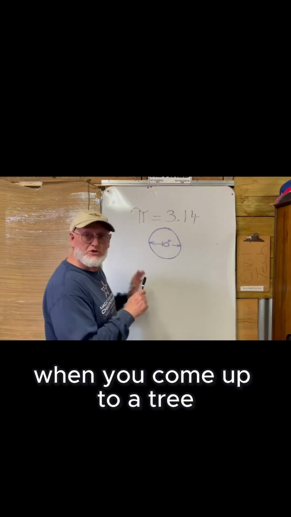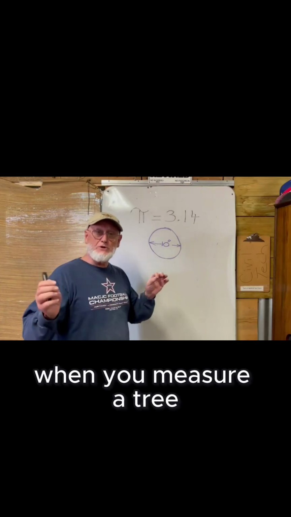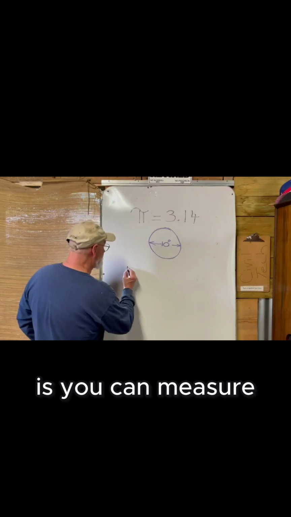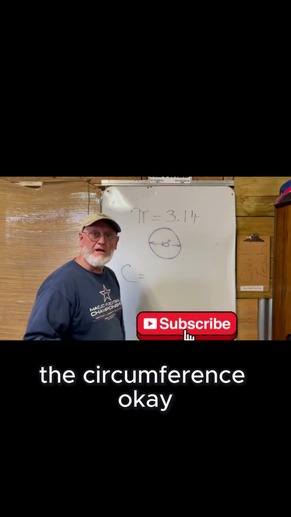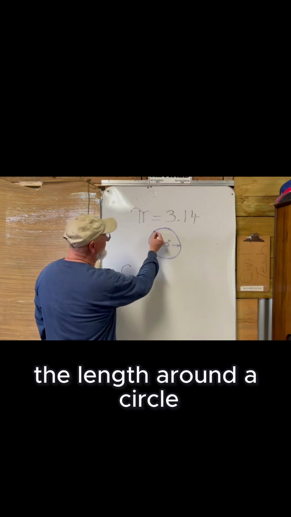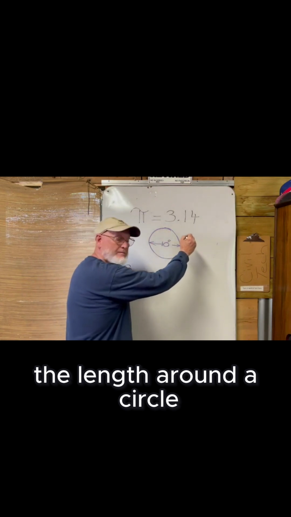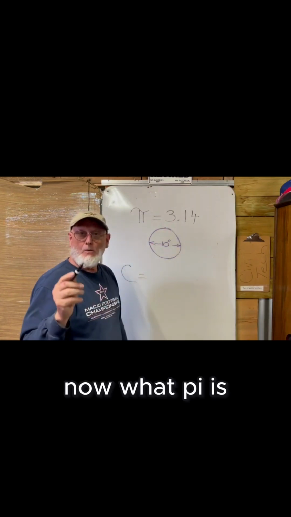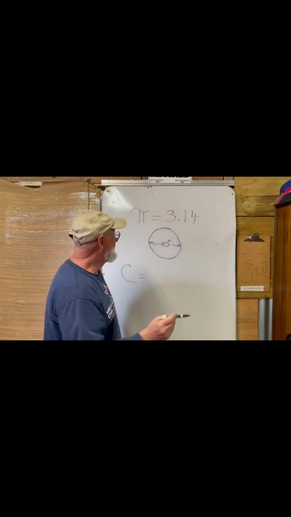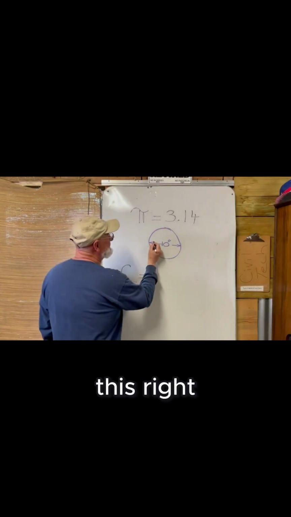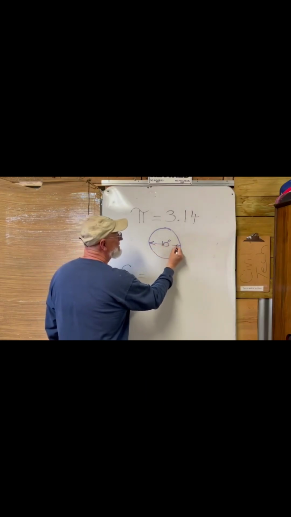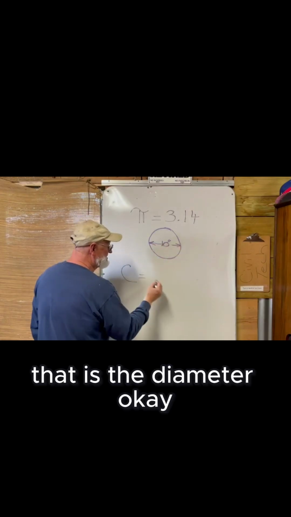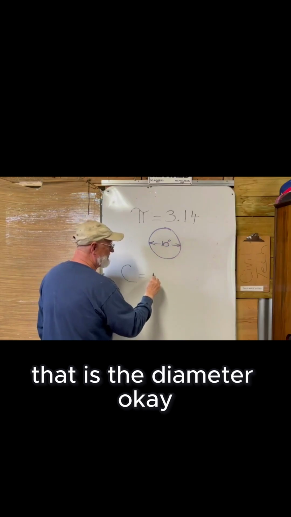Now, when you come up to a tree, there's one thing you can do when you measure a tree: you can measure the circumference, which is the length around a circle. Now, what pi is, this right here, this 10 inches, that is the diameter.